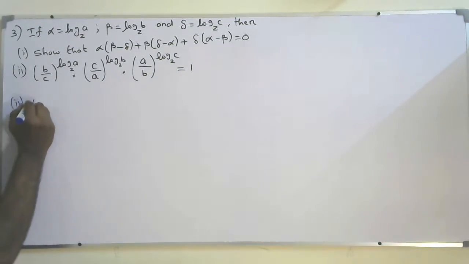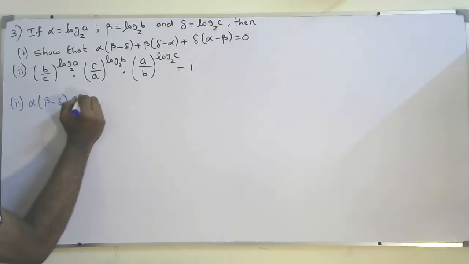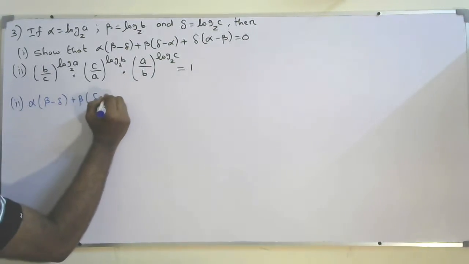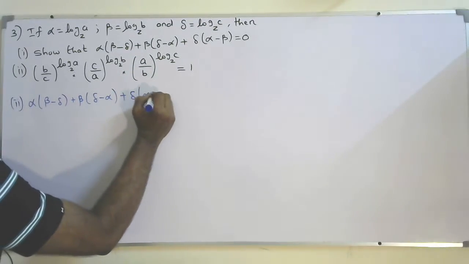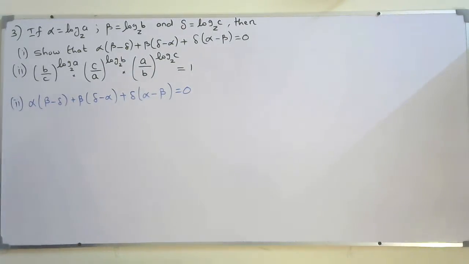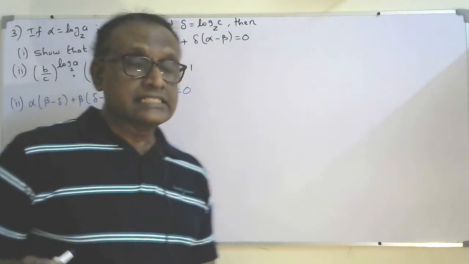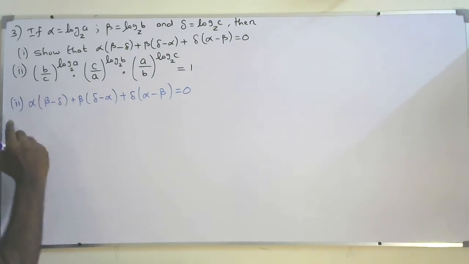Second part: alpha into beta minus delta, plus beta into delta minus alpha, plus delta into alpha minus beta equals 0. We already derived it in the first part. So I'll substitute the given relationships. I'm not going to substitute alpha yet, I'll substitute it later.